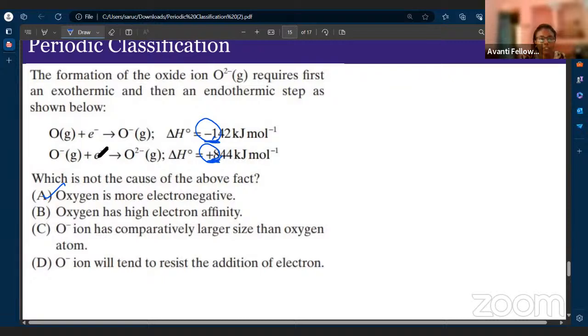O minus ion will tend to resist the addition of electron, since it has already gained one electron. That is why energy is required to add the electron, and the enthalpy is positive. So options A, B, and C are not the cause. Got this question?